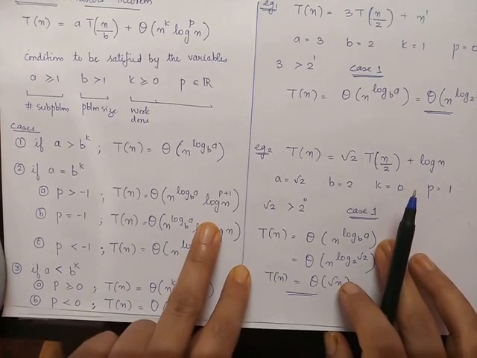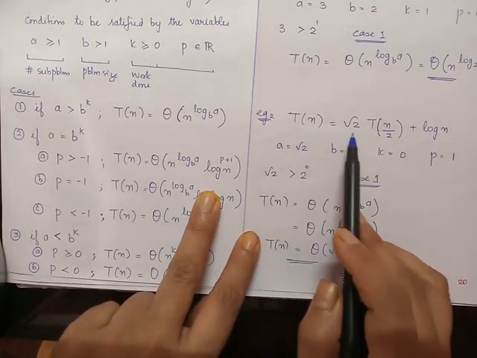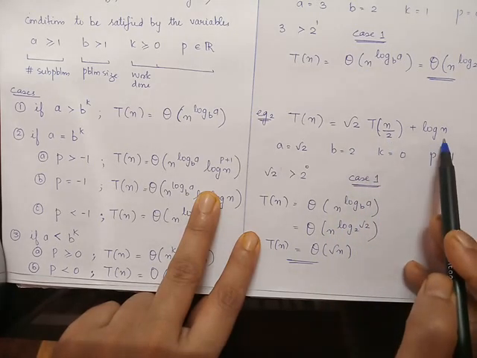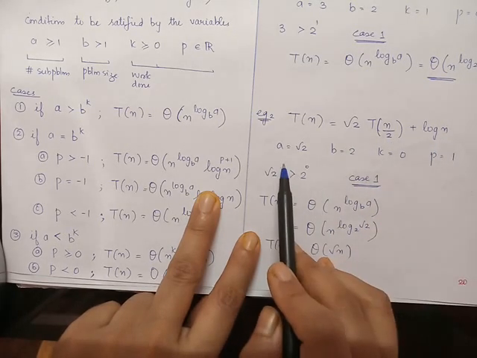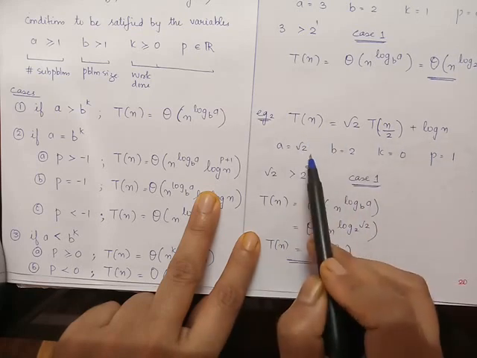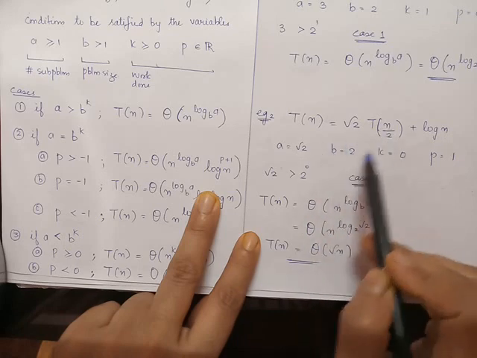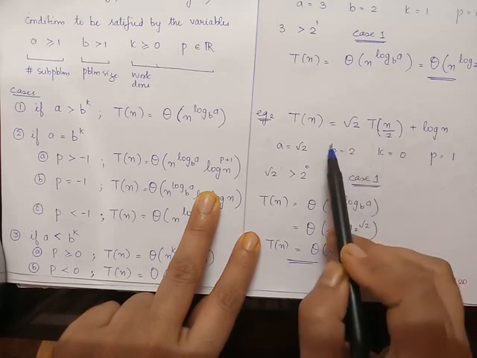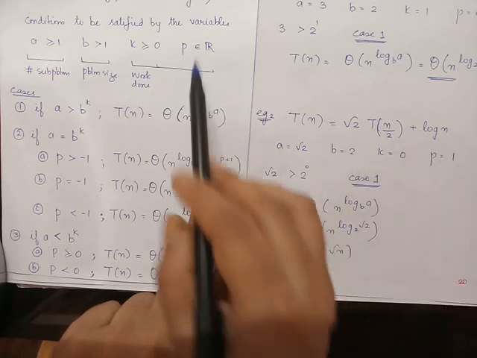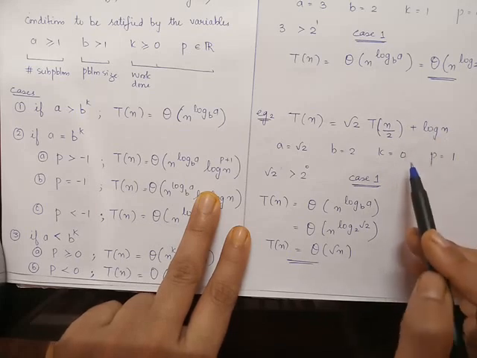Let us discuss the next example. Here we can see T(n) is equal to root 2 T(n/2) plus log n. In this equation, a is equal to root 2, b is equal to 2, that is the problem size is n/2. Then k is equal to 0, since there is no term associated with n, so n raised to 0 is 1.